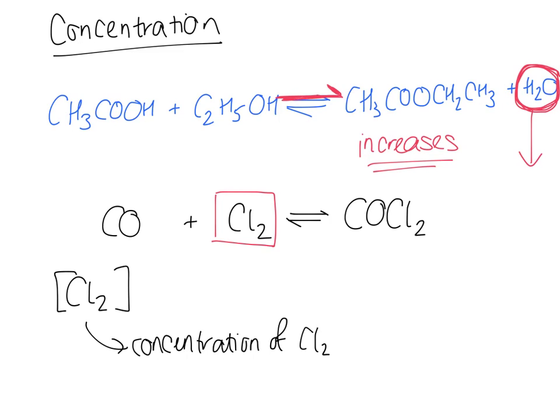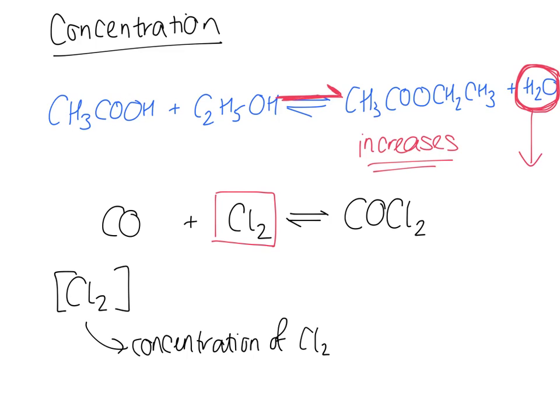Why? Because there's more reactants, so it's trying to balance it with more products. This is Le Chatelier's principle, LCP, which states that when I've subjected my equilibrium to a change, in this case increasing the concentration of chlorine, the equilibrium shifts to try to minimise that change.